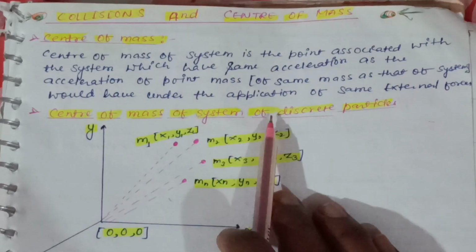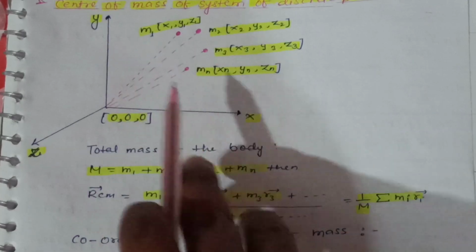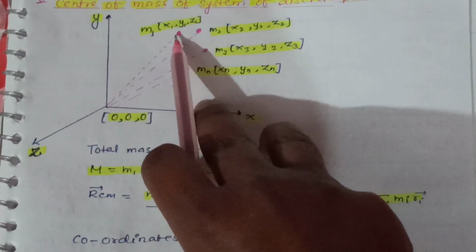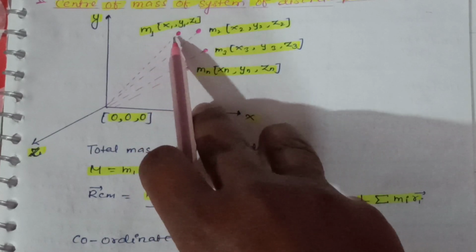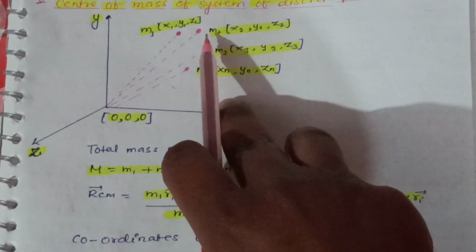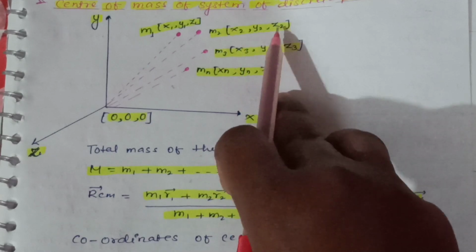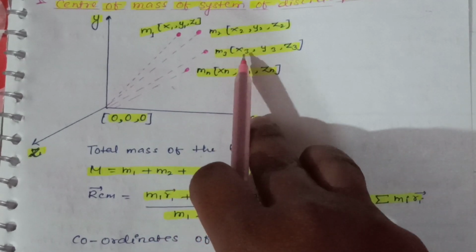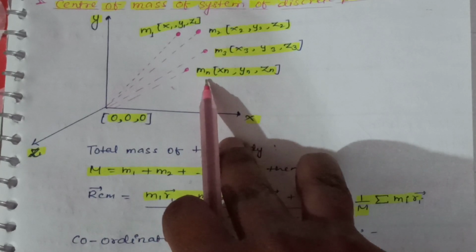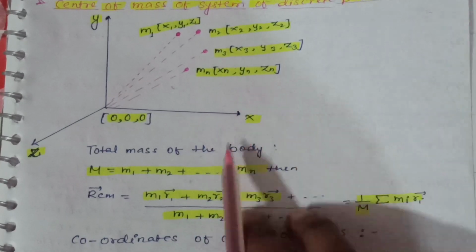Center of mass of a system of discrete particles. Consider points with coordinates x, y, z, and masses m1 at x1, y1, z1, m2 at x2, y2, z2, m3 at x3, y3, z3, and so on up to mn at xn, yn, zn.